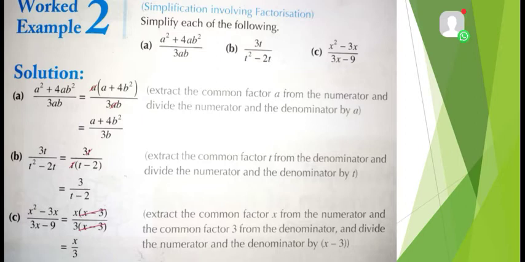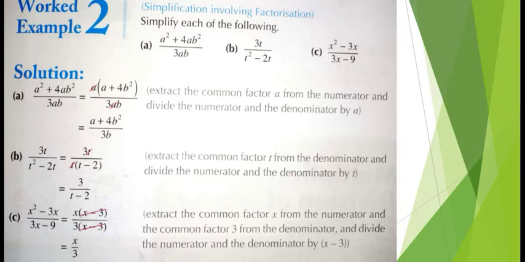So there are some ways you can factorize. Firstly, like this, you pull out common factors. So here, x squared minus 3x, you can pull out x, and for 3x minus 9 you can pull out 3.